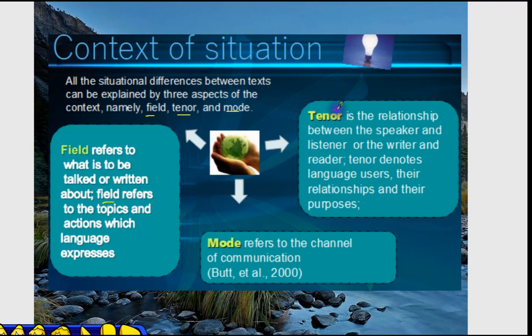Tenor is a relationship between the speaker and the listener, or the writer and the reader. Tenor denotes language users, their relationships, and their purposes. Basically, tenor will be like the subject. Mode refers to the channel of communication.